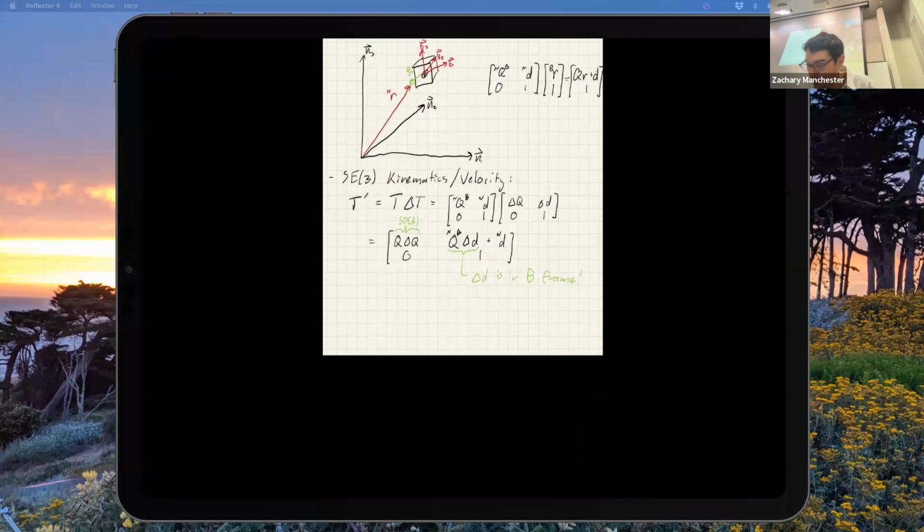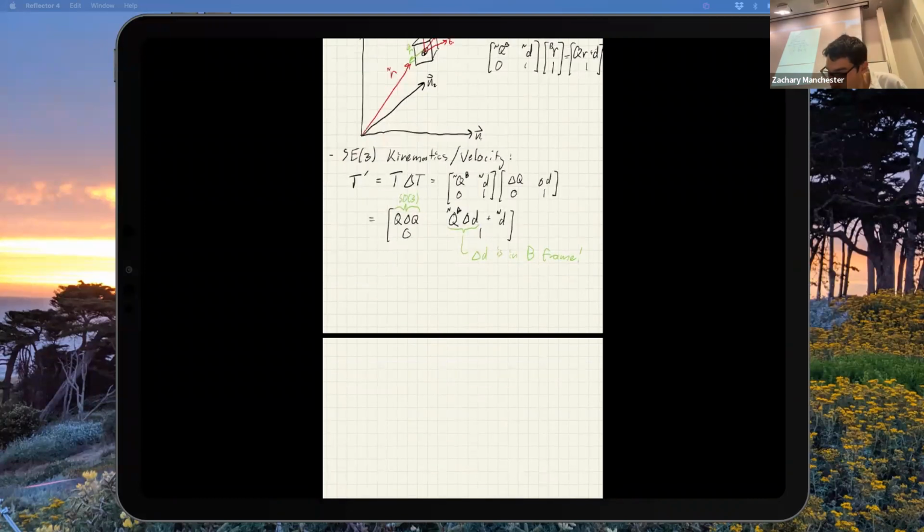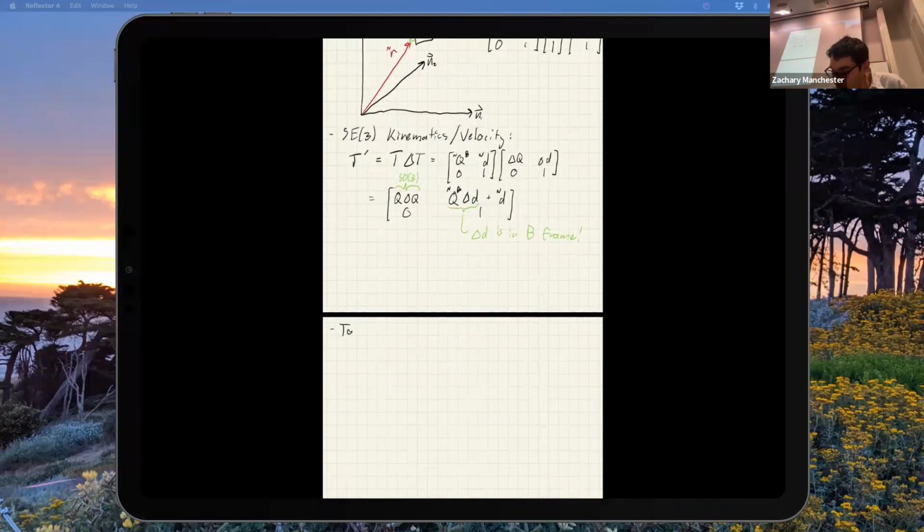So I'll do that now all the way out. We get delta Q approximately equals the exponential that we saw before, omega hat times some time step.